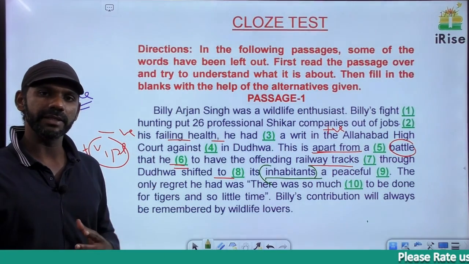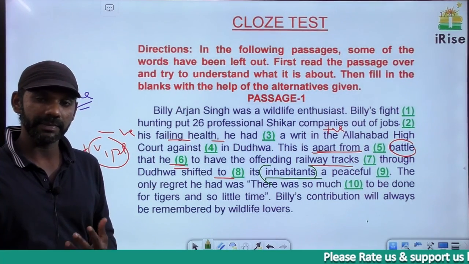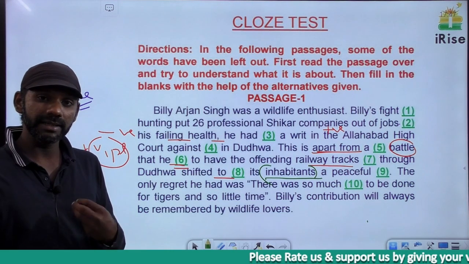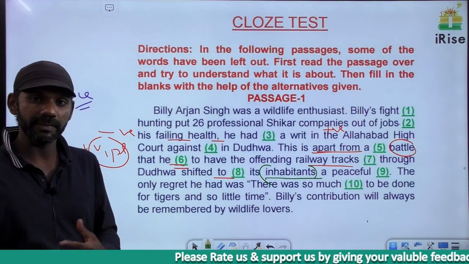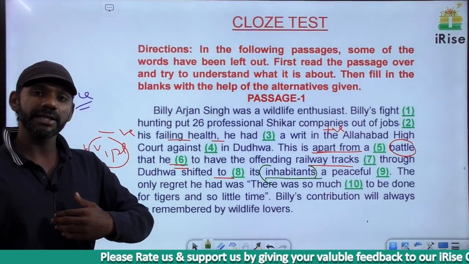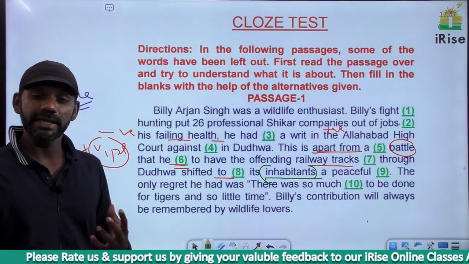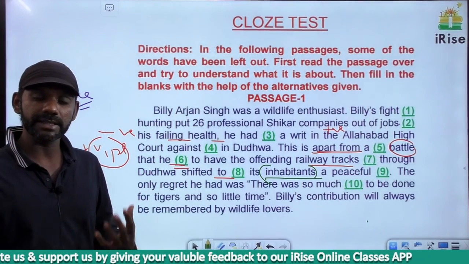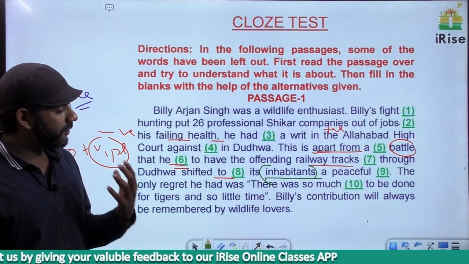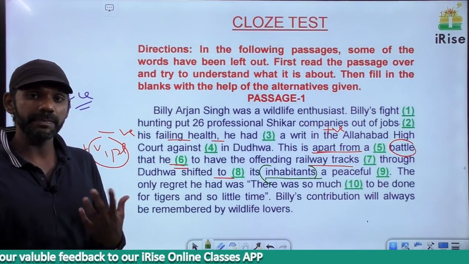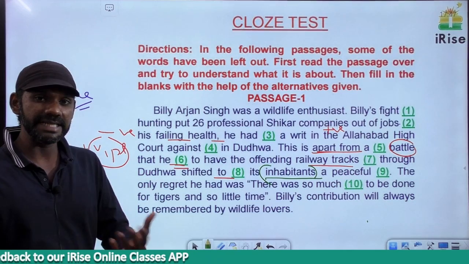So meaning of this statement is, he started the battle, that means he waged the battle. He started fighting, right? He continued fighting till the time he could attain peaceful existence for its inhabitants.